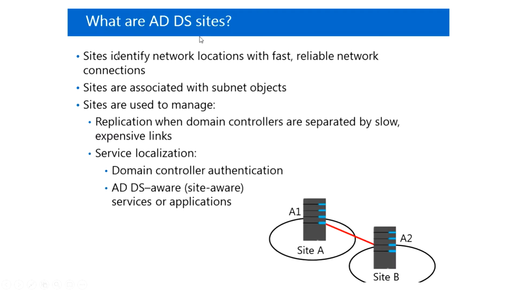First we'll see what ADDS sites are. Sites identify network locations with fast, reliable network connections. Basically, when a computer tries to authenticate over the network, it will try to find the nearest site which will have the domain controller configured with Active Directory and all the other services with fast and reliable network connections.